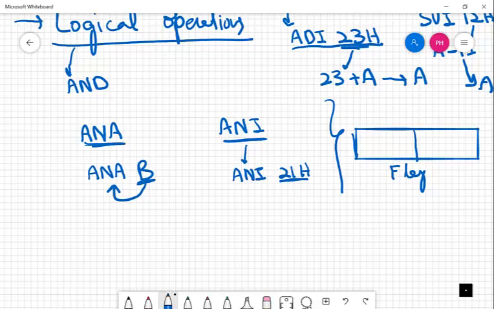Let me give an example here. For example, I have something like this. I have a small program, move immediate 54.